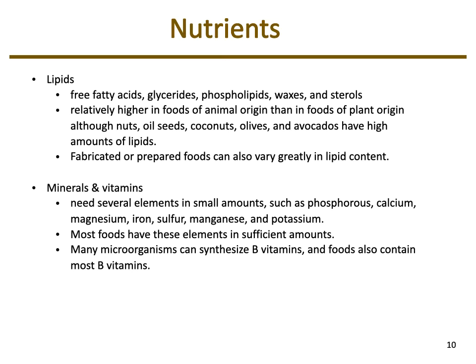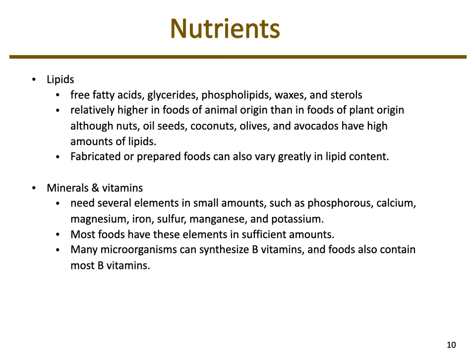So looking at minerals and vitamins, there are several minerals and vitamins that the organisms need to take in through their environment. And most foods would have those in sufficient amounts. Some microbes can actually synthesize vitamins for themselves.